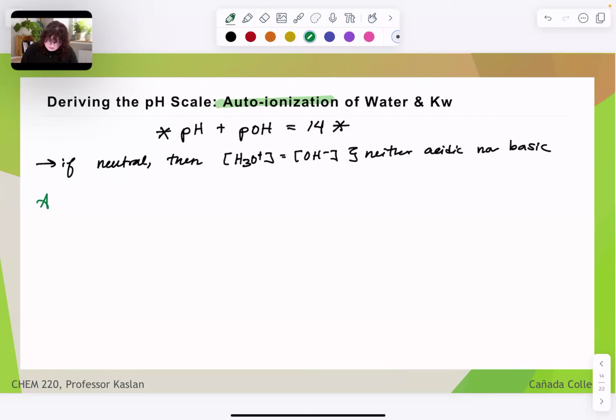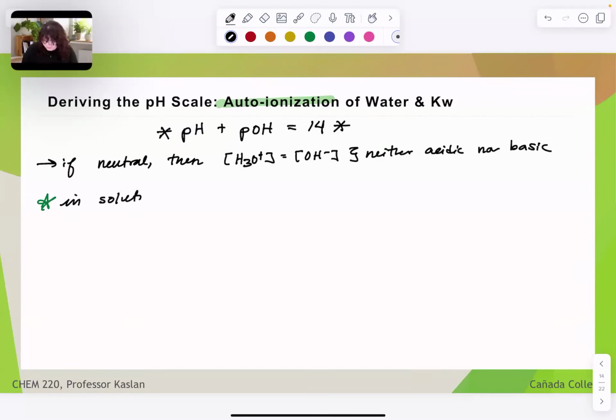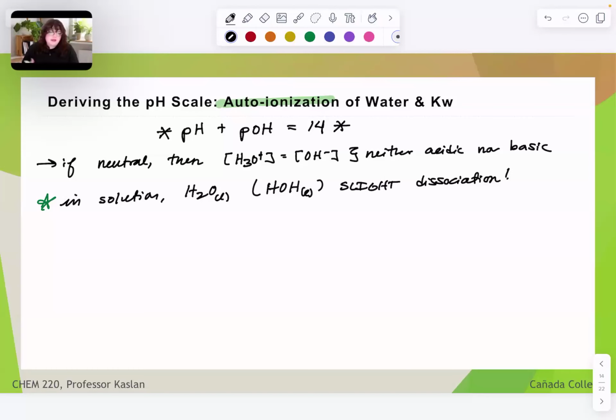So, it turns out that in solution, liquid water, or if you prefer, HOH, has a very slight dissociation into H plus and OH minus.